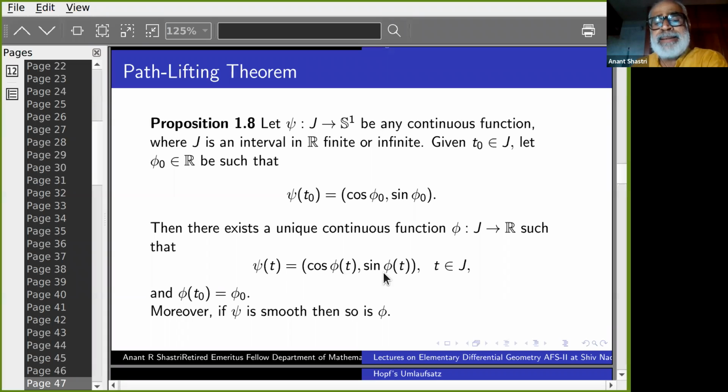You can write it like this, but why should this phi t be continuous? You will have to look at cos inverse or sin inverse. They are not defined on the whole of the circle. They are defined only partially, just like log functions, right? So all this ambiguity will be removed by this one, and this is precisely the statement here. Instead of cos phi t, sin phi t, what I have got here is e power 2 pi i phi t.